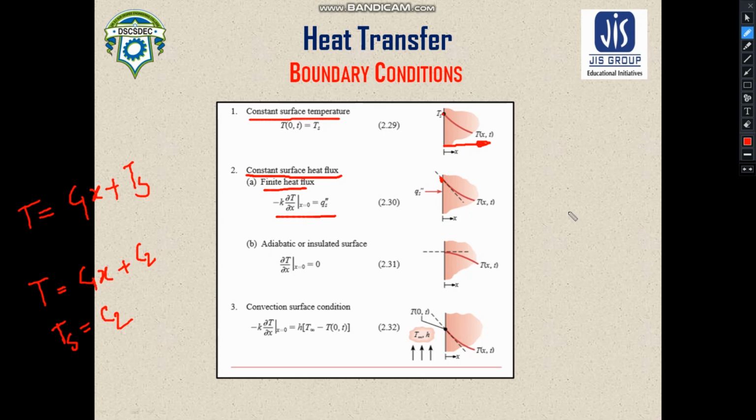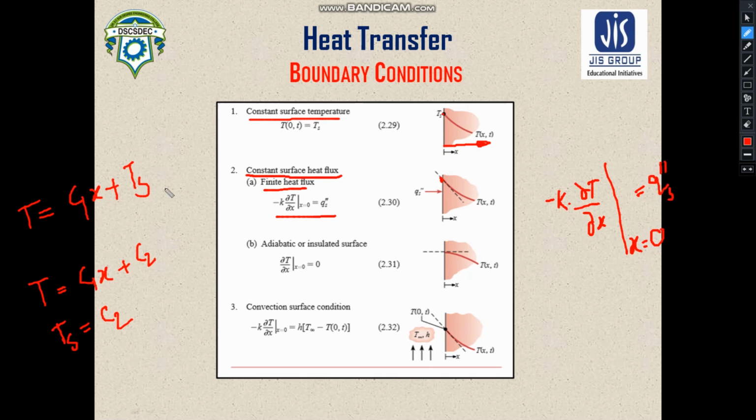From Fourier's law, you know -k dT/dx, but at x equal to 0, this is the boundary condition I am talking about, so it would be qs double prime.